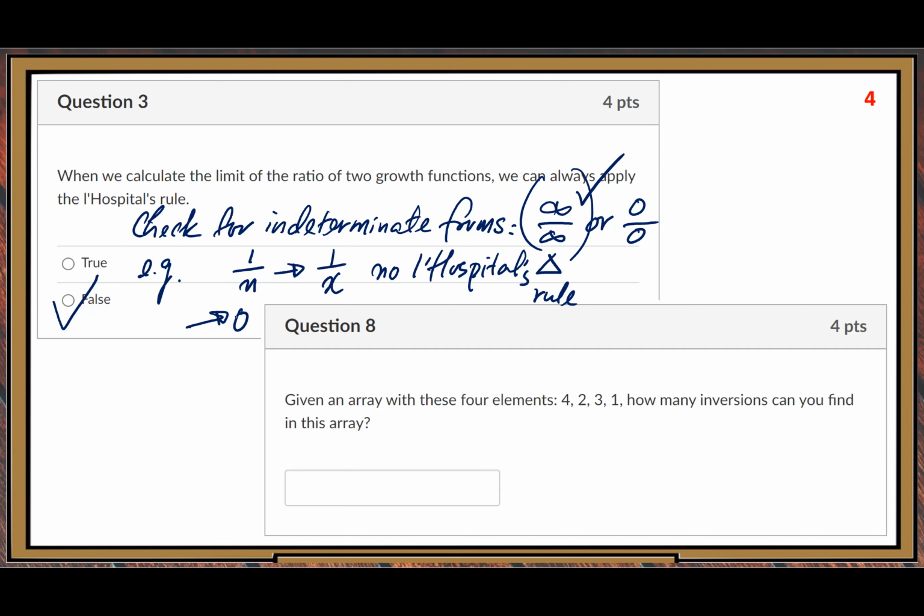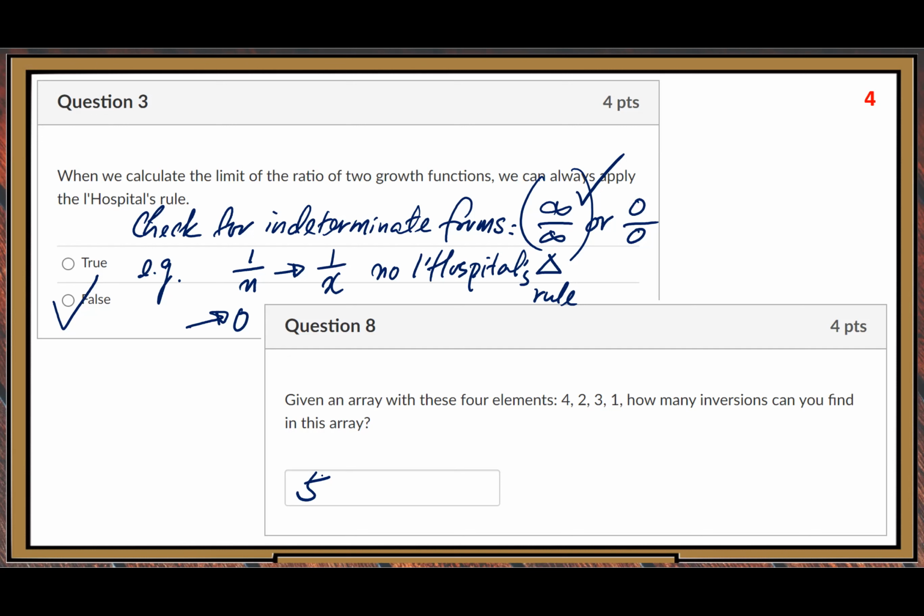Question number 8. It is not hard, but the reason I want to discuss it here is that I noticed some students still do not know how to do the counting. When you count the number of inversions, how do you do the counting? The answer is 5, but how to do the counting? Here, I give you a systematic way. Some students may select pairs by observation.